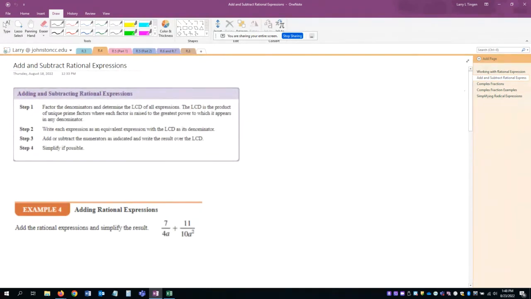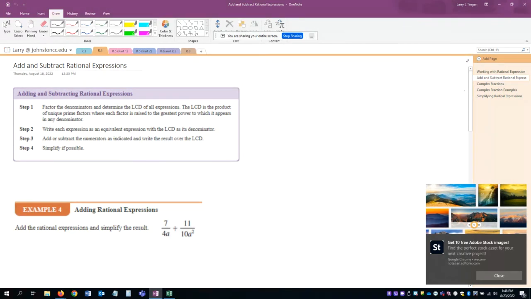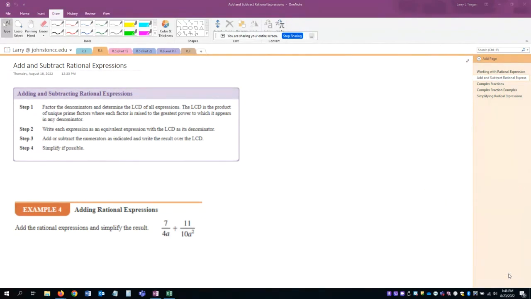Next is adding and subtracting rational expressions. All right. So in order to add and subtract, what we have to do is, in order to add or subtract anything, we have to have the same denominator, right? So in order to add and subtract rational expressions, I've got to have the same denominator.